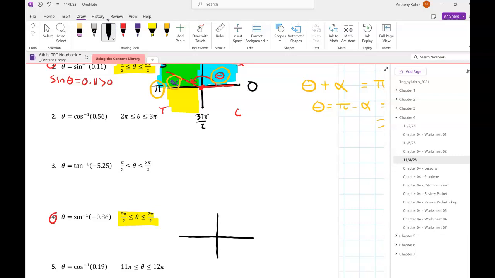So I notice that those are both positive angles, 5 pi over 2 and 7 pi over 2. So when I'm counting, I'm going to be counting counterclockwise. So at 0, we're at a half, 1, 1.5, 2, 2.5, that's the start, 3, and then 3.5, oops, that's my finish.